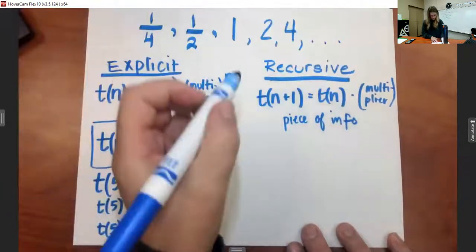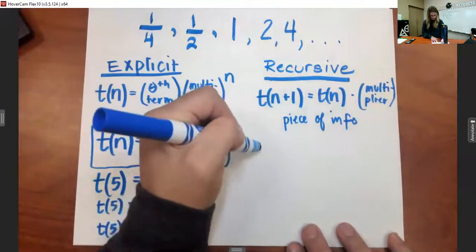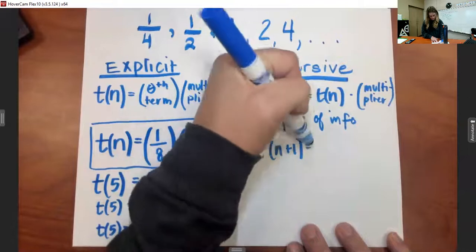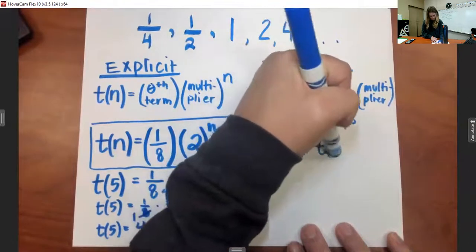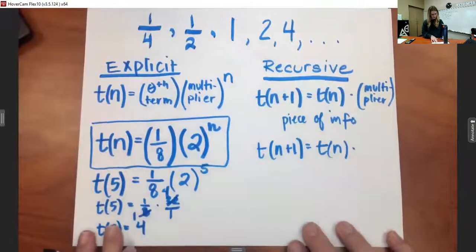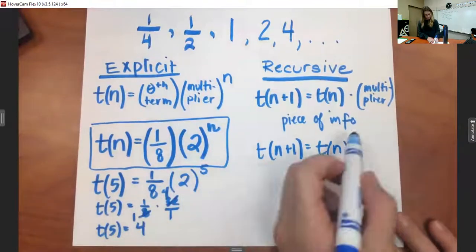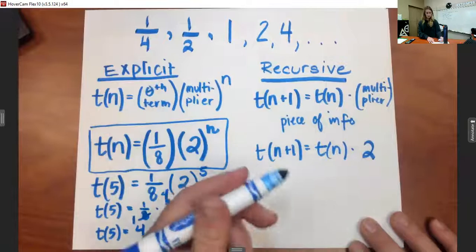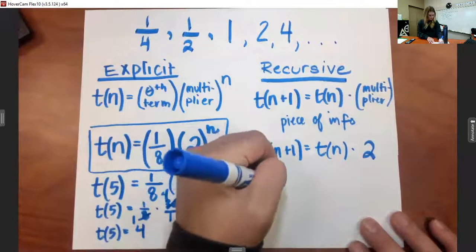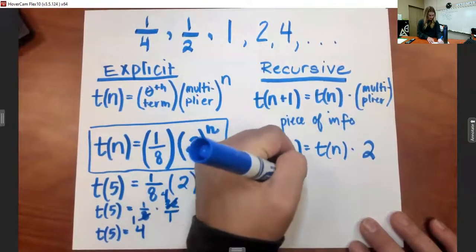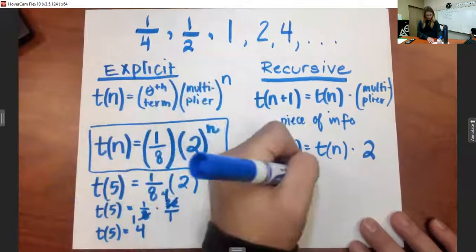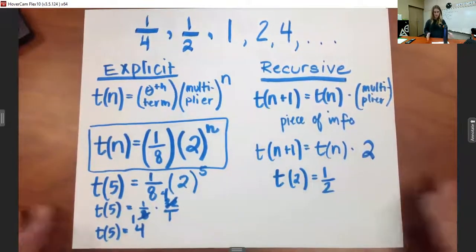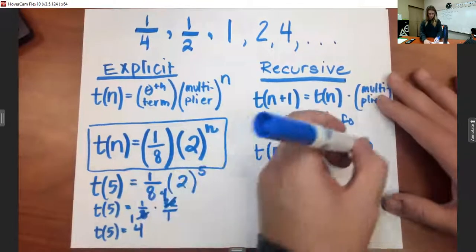So in this case, our recursive equation would be T of n plus 1 equals T of n times, and our multiplier is 2. And then I have to give a piece of information. I know 5 terms. It doesn't have to be the first term. So let's say I gave T of 2, the second term, equals 1/2. So that would be the recursive, this piece.